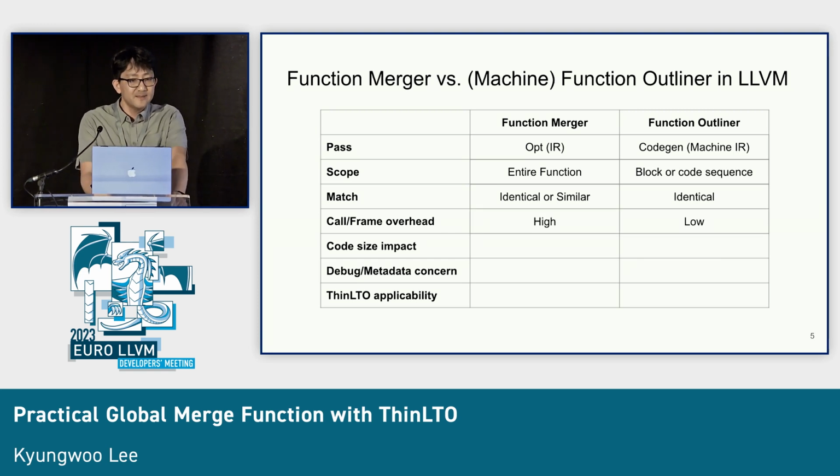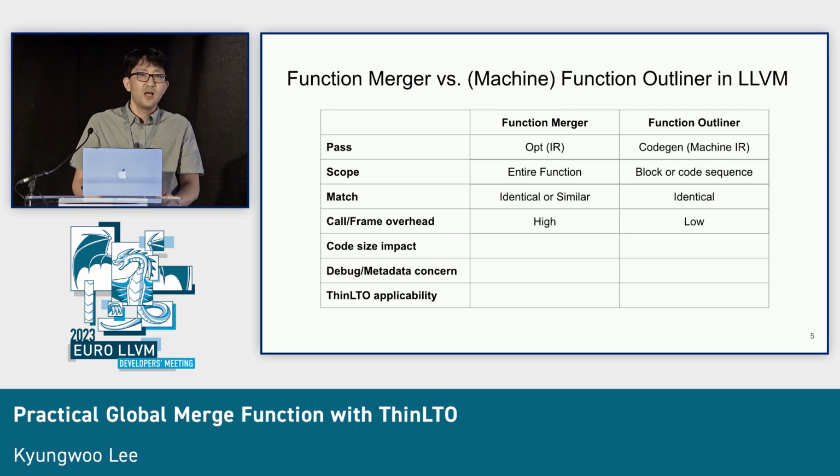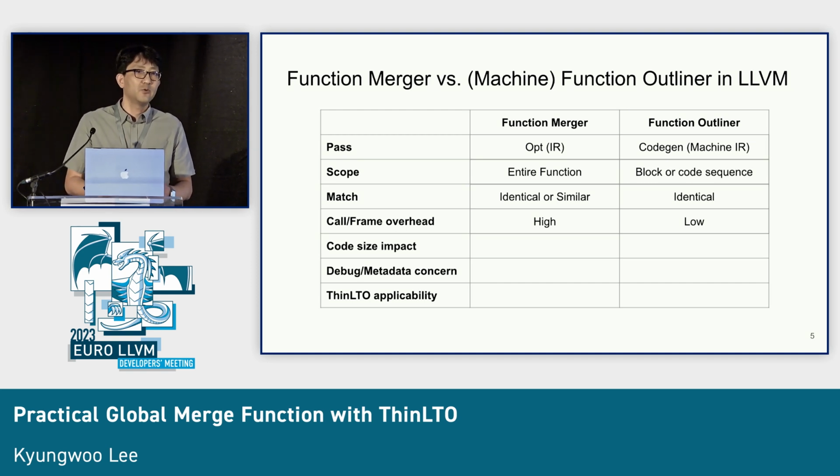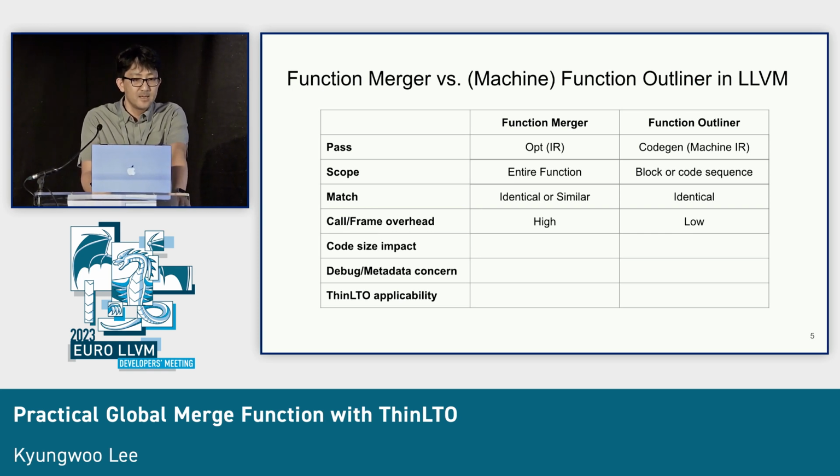On the flip side, at the machine IR level, the machine outliner is able to form a custom calling convention whose overhead is very low. On the other hand, the function merger must adhere to the calling convention API, whose overhead tends to be high. So overall, the function outliner makes a great impact on reducing binary size, which is not the case for the function merger.